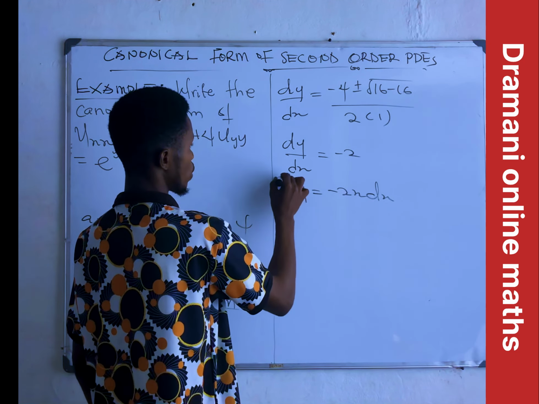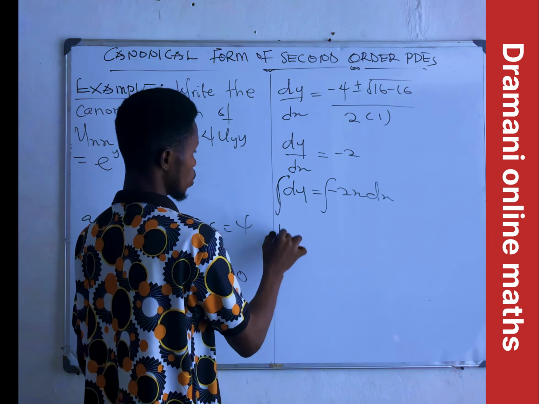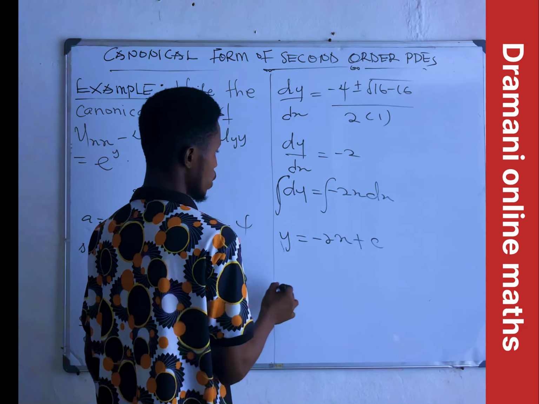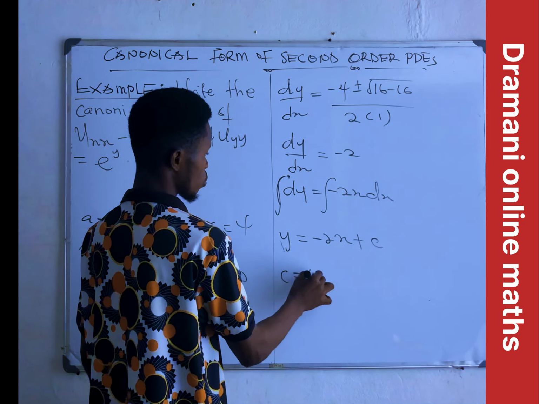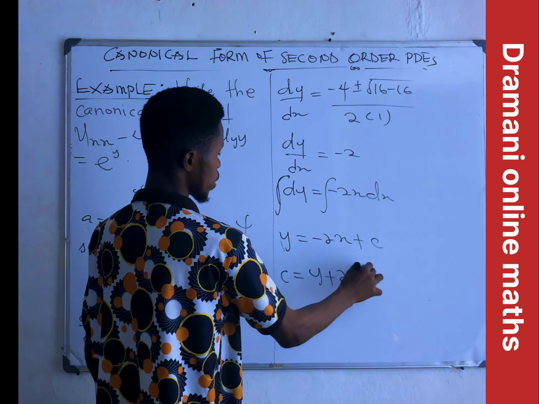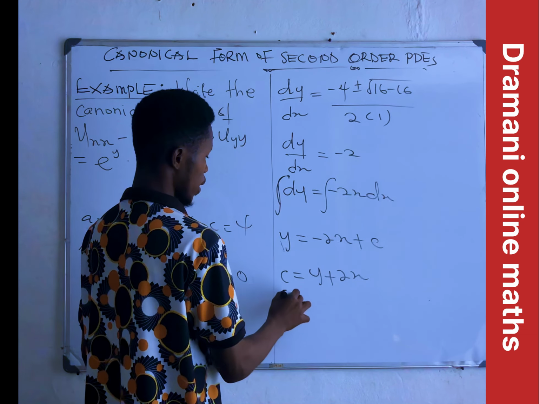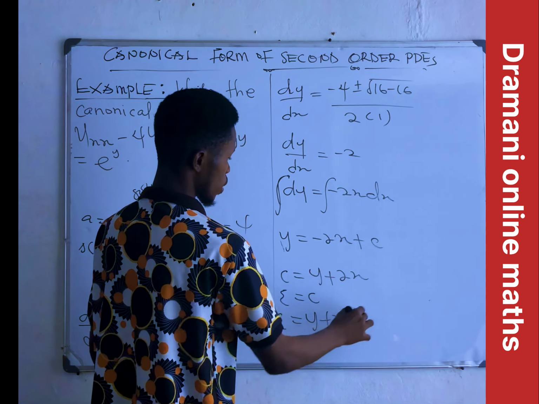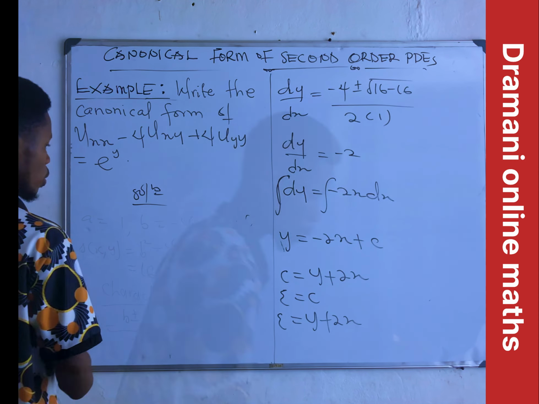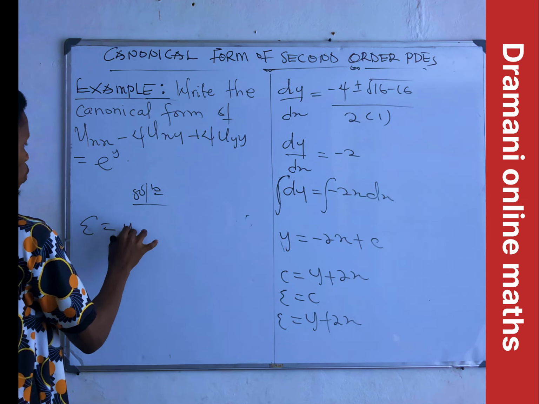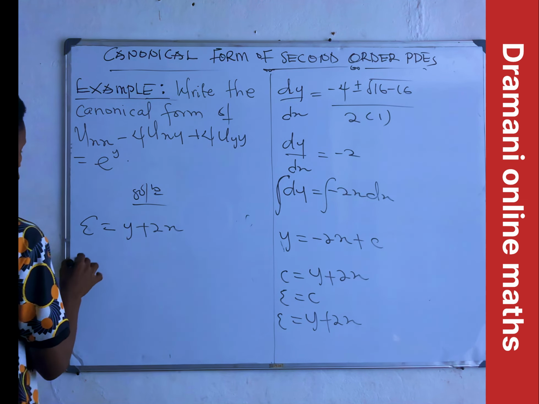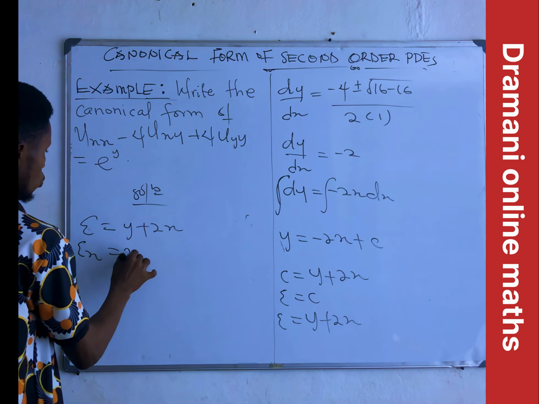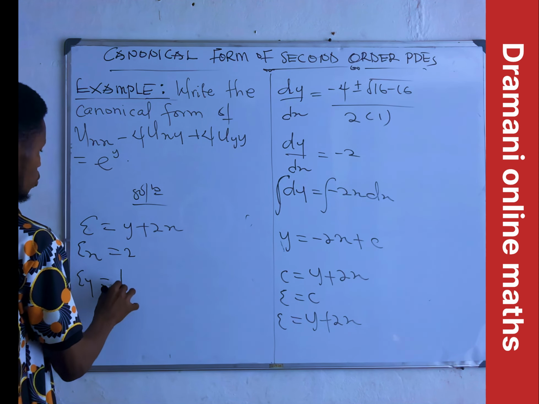So I will integrate both sides. This will give us y equals negative 2x plus c. Is that okay? So my c will be equal to y plus 2x. So you see that let xi be equal to c means that xi is equal to y plus 2x. So if xi equals y plus 2x, then xi x is going to be 2, xi y is going to be 1.